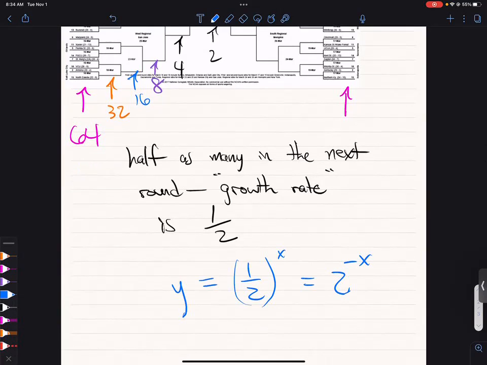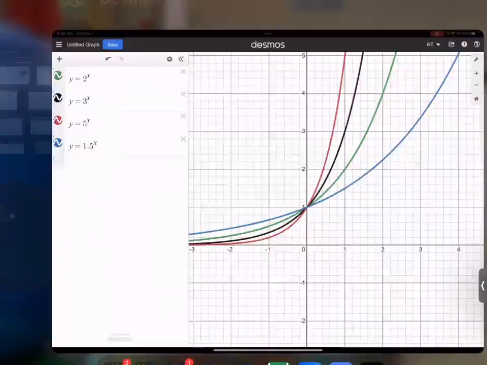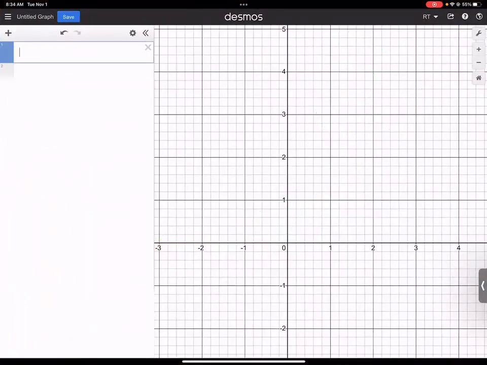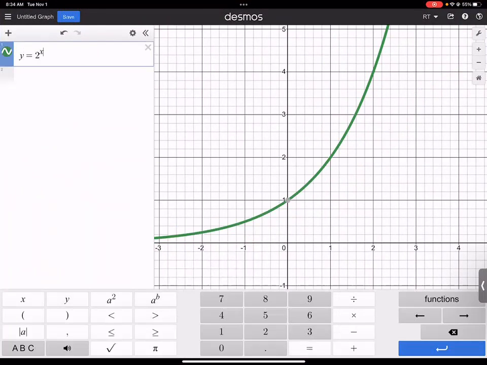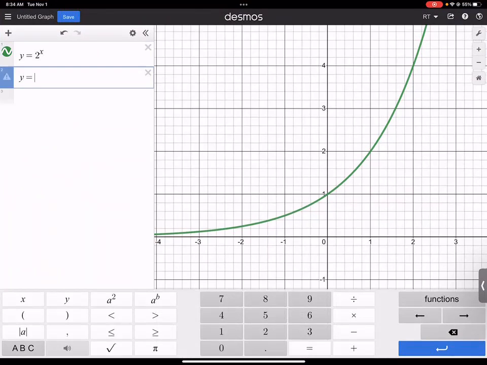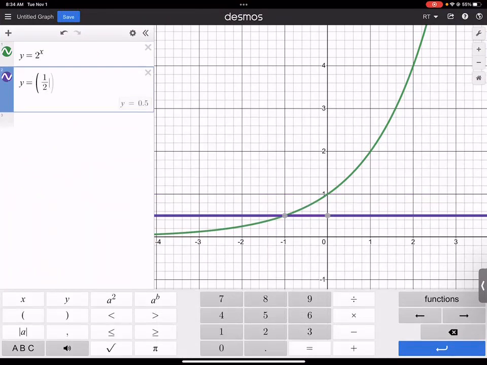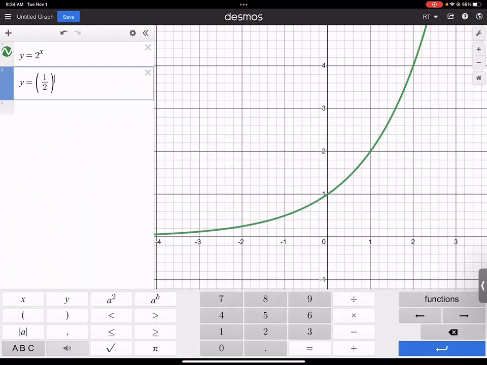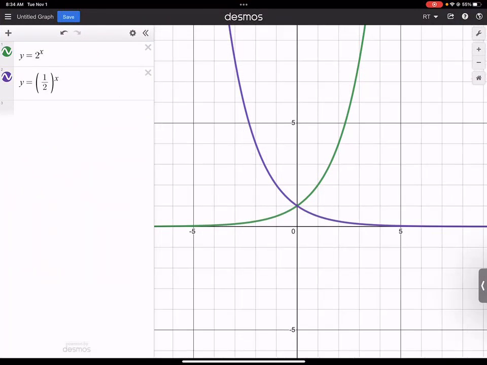Think about what putting a negative sign in the inside part of a function does. That reflects things this way, right? So what does that look like? There's 2 to the x, in green, right?